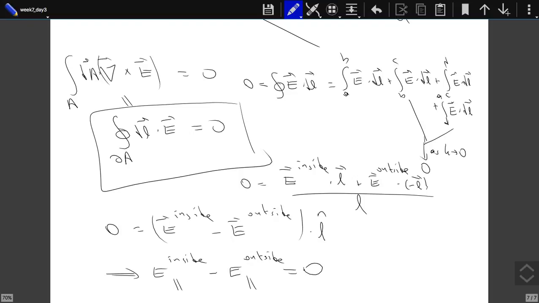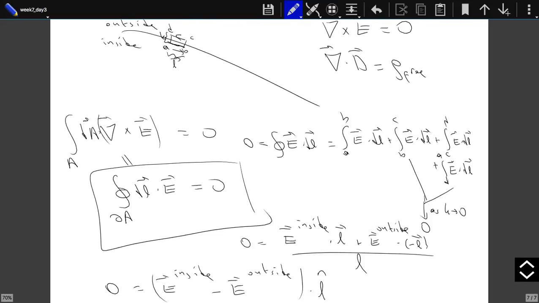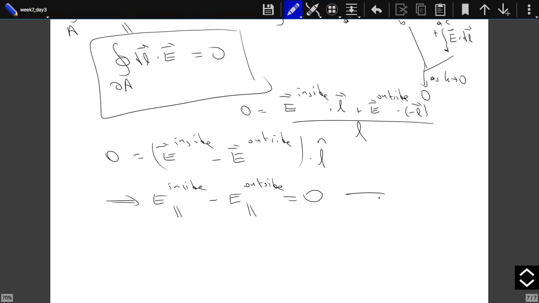This is always true. This is the consequence of the equation that the curl of E is always equal to 0. Whenever you have a vector field whose curl is always 0, its component parallel to a given surface will be continuous across the surface.